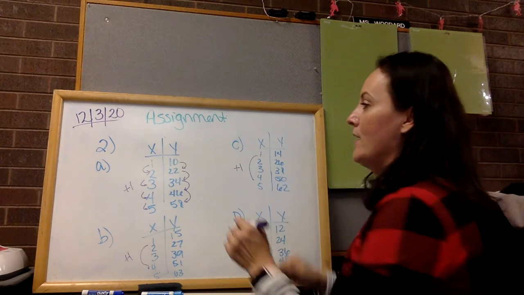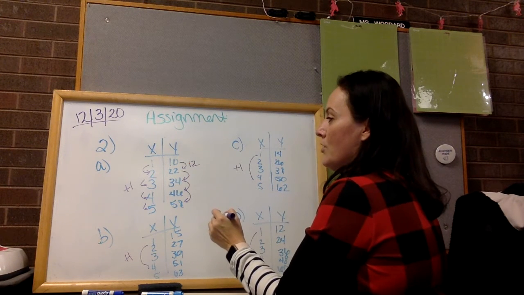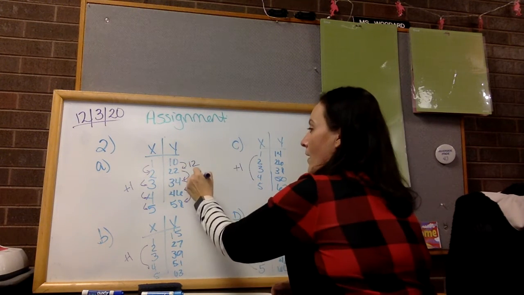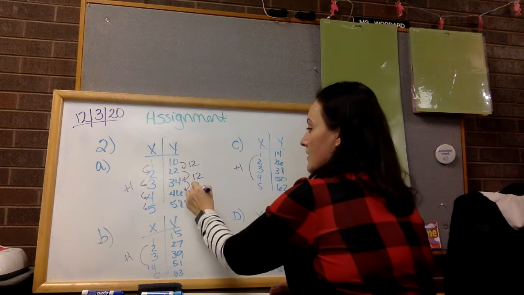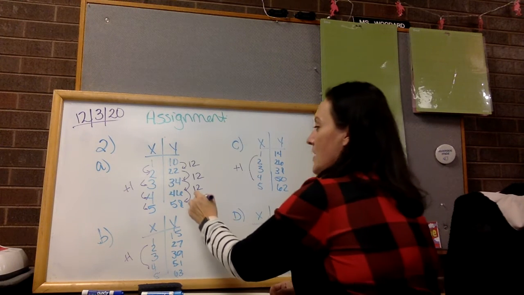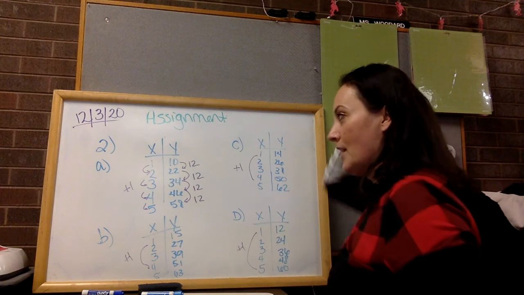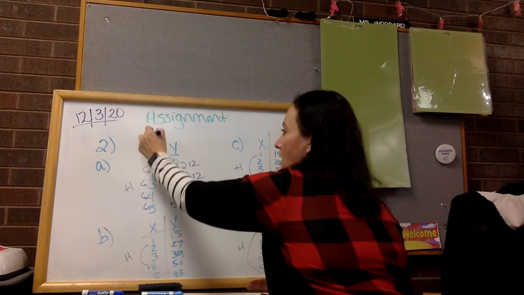So 10 to 22, it looks like we're doing a 12. 22 to 34, 12, right? 34 to 46 looks like another 12. And 46 to 58 looks like another 12. So it looks like I'm going 12, 12, 12. But the ticket is I have to figure out 0.